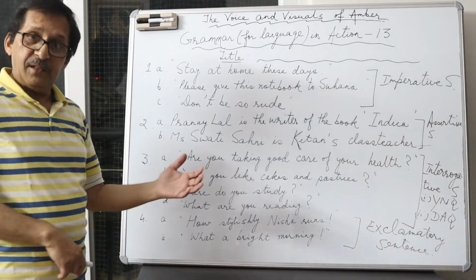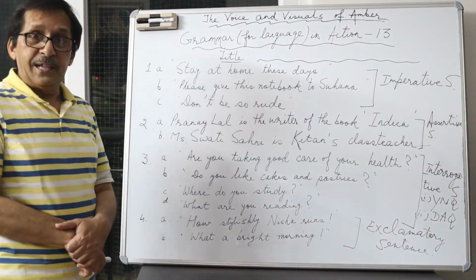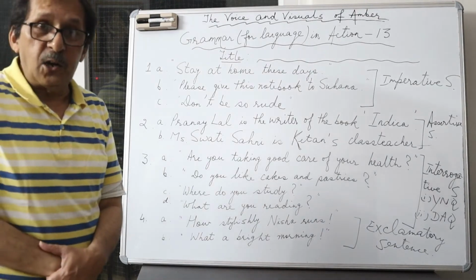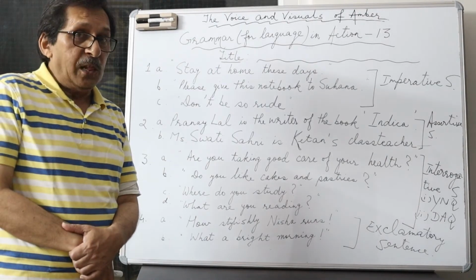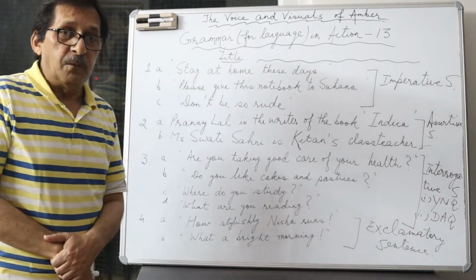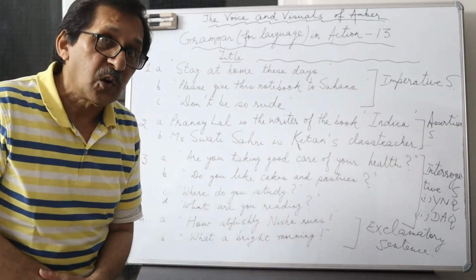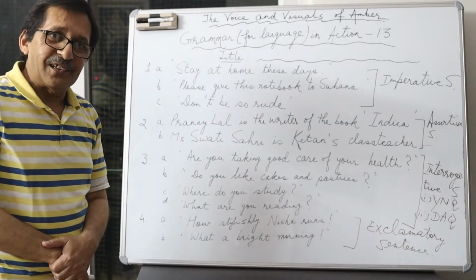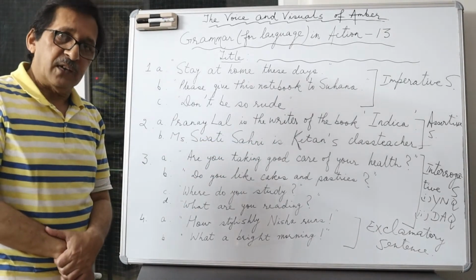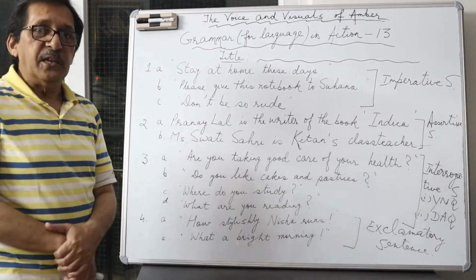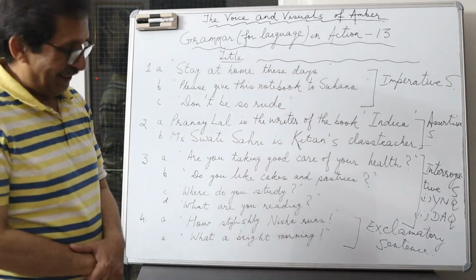Third, again, very important in life, because otherwise our conversation will completely flop or stop if we do not know how to ask questions. So the sentences which help us to ask questions are the interrogative sentences.